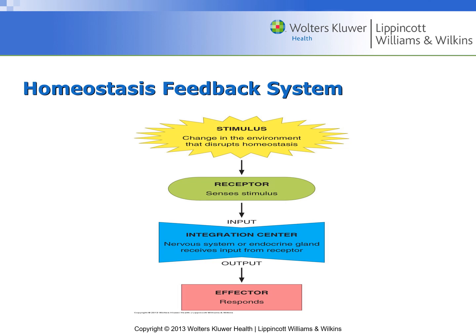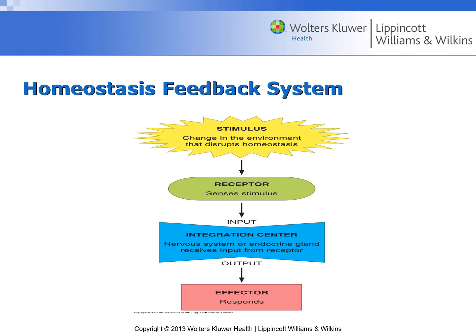And here we have a diagram of the homeostasis feedback system. The homeostatic mechanism proceeds from stimulus through the integration center to the effector, and it counteracts the original stimulus while a positive feedback loop reinforces it. And so we have at the beginning the stimulus, which is a change in the environment that disrupts homeostasis.